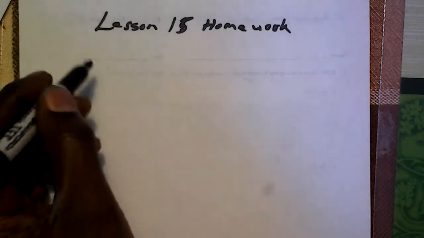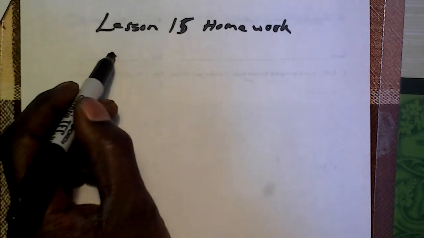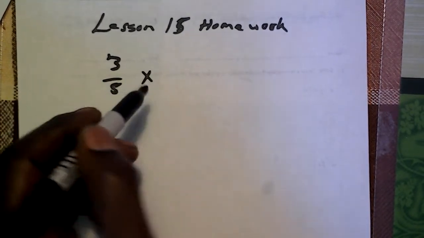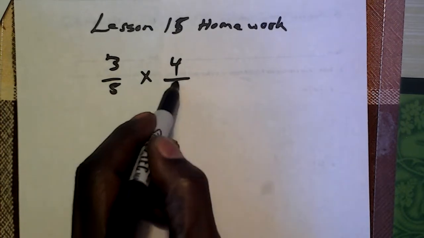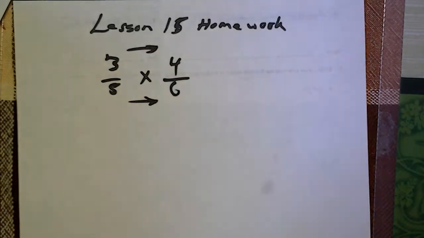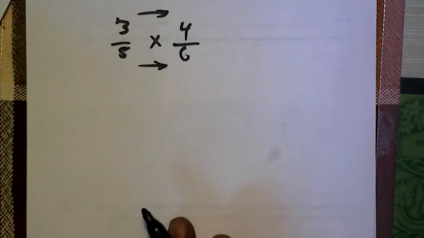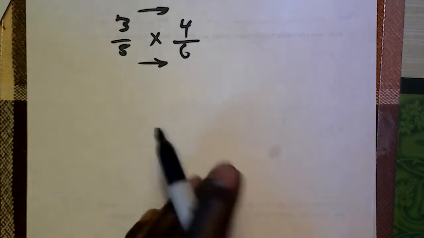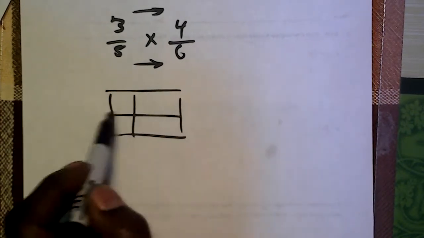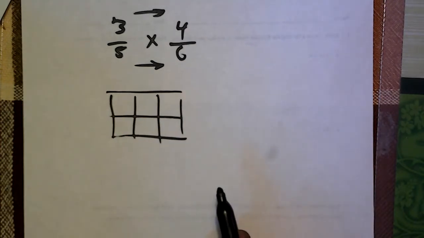So today we'll be doing multiplying non-unit fractions by non-unit fractions. So it'd be something like 3/5 times 4/6, yeah? And once again we multiply and we go straight across, yeah? You know we use a fraction rectangle, yeah?